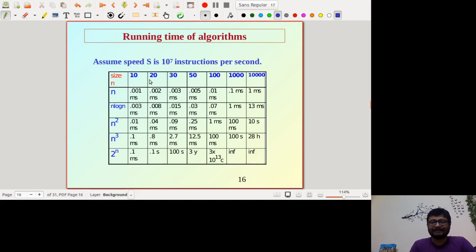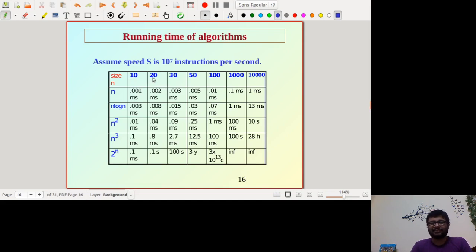So what is, for instance, this entry? This is the amount of time that this algorithm takes on an input of size 30. Now, this row corresponds to the time taken by an algorithm which runs in linear time n. So it grows linearly. On inputs of size 10, it takes 0.001 millisecond.